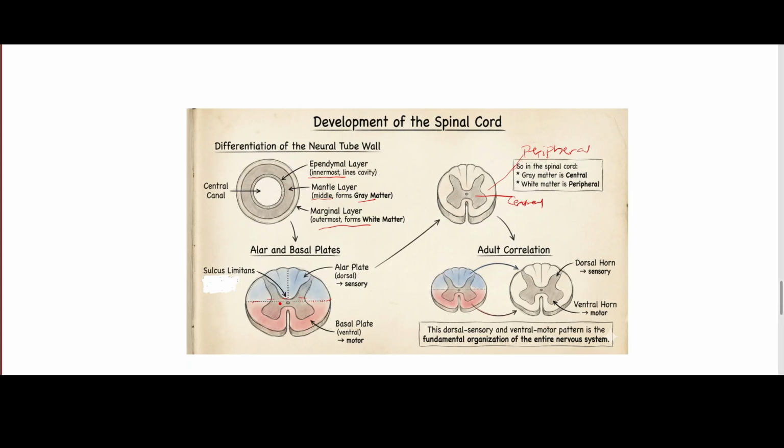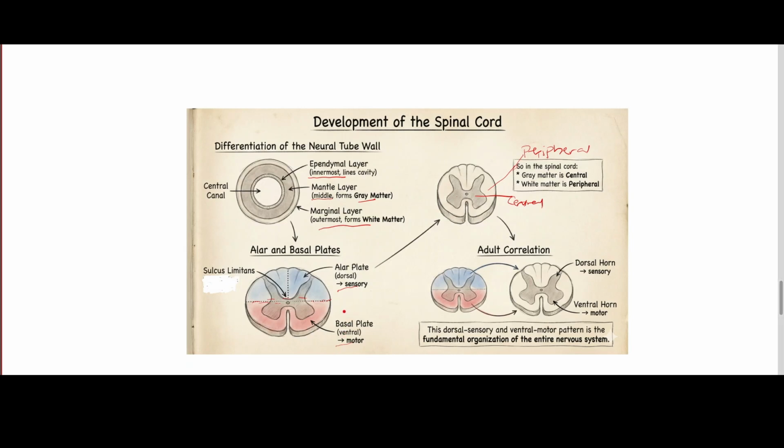It divides the neural tube into the alar plate and the basal plate. The alar plate is sensory in function, while the basal plate is motor in function.